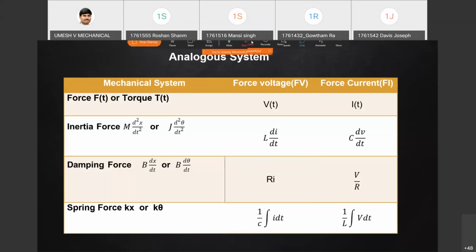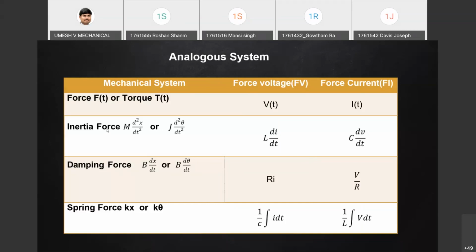Kindly note down this table. Once it is done, just let me know.